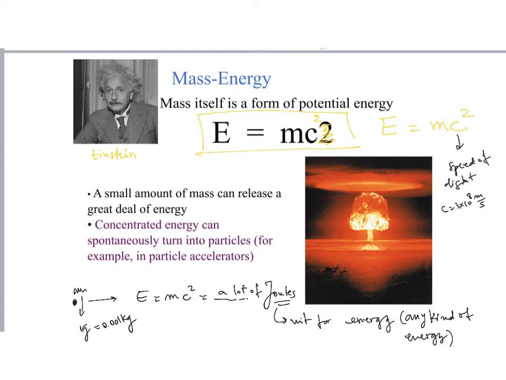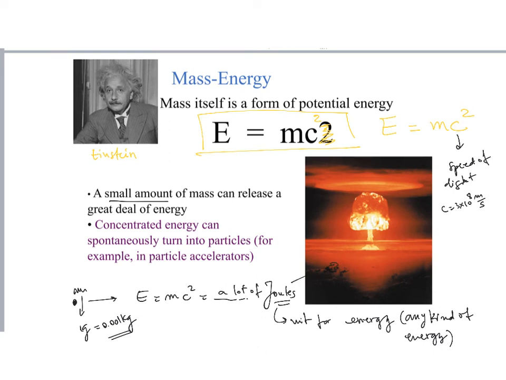There is a lot of concentrated energy, and that can actually spontaneously also turn into particles. We do that in particle accelerators for very tiny portions of an atom. So that happens at nuclear scales. A very small amount of mass of uranium, say, can actually release a great deal of energy.